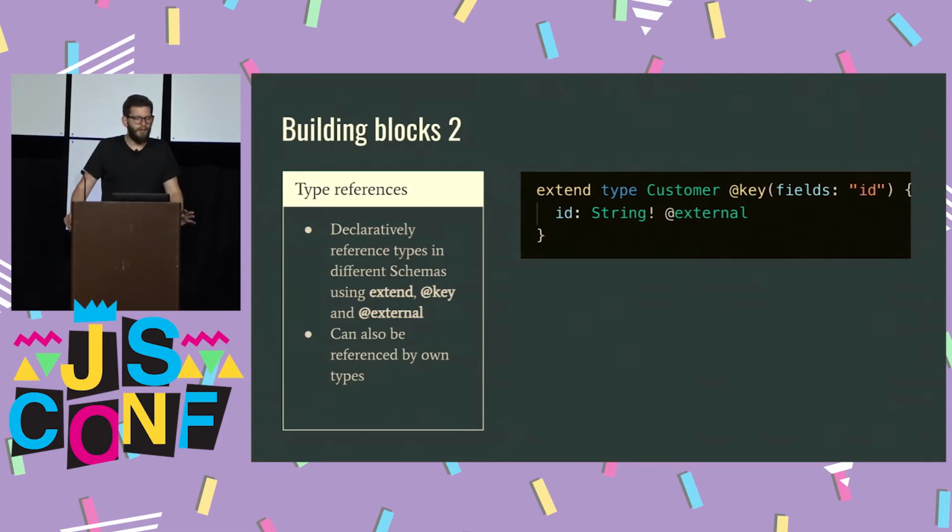Everything you do there is just creating the same type again, but putting this extend keyword in front of it, and again this directive, the add key primary key, at the end of it. And that's where you just, how do you say it, reference the other schema. And that's almost it.